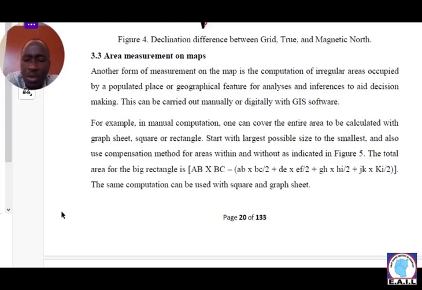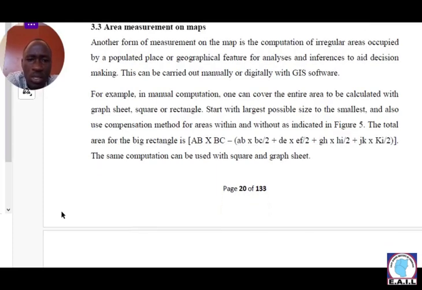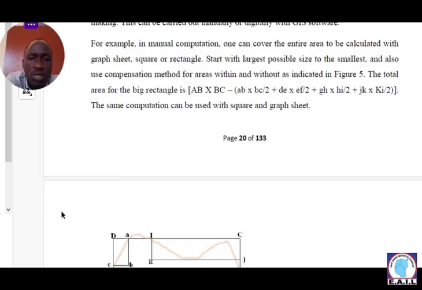So that's how we usually work out the formula for irregular objects.